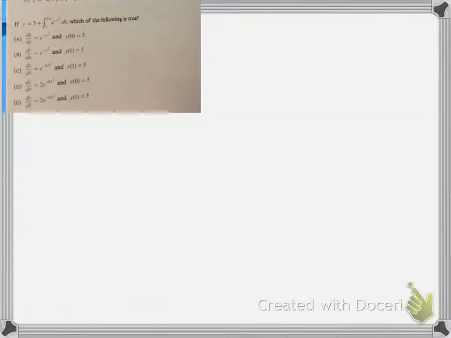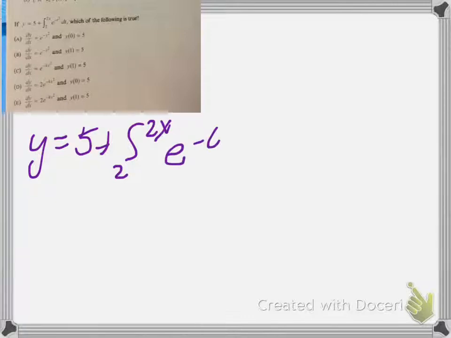Okay, for this question, you need to find dy dx. So they gave you that y equals this. If you need to find dy dx, it's just looking for y prime.